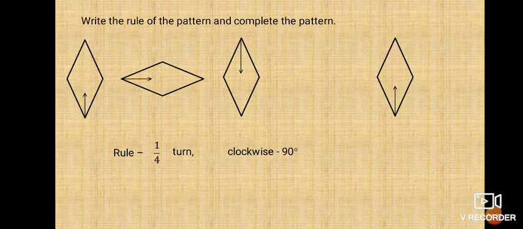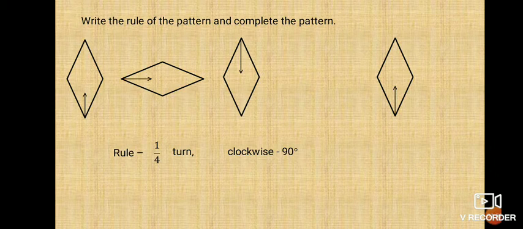So if you observe the arrow, we come to know the arrow is moving in clockwise direction. Then see what happened. The last figure is similar to the first figure. So we need to find out what figure will come before the last figure.